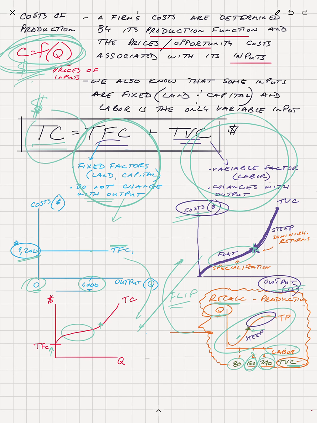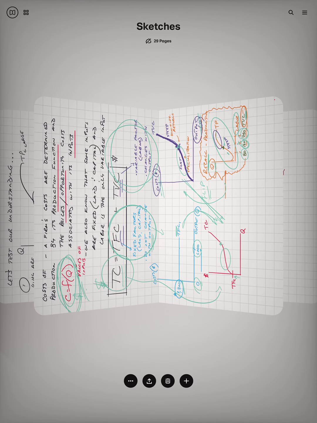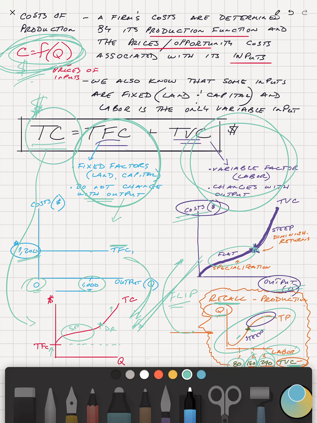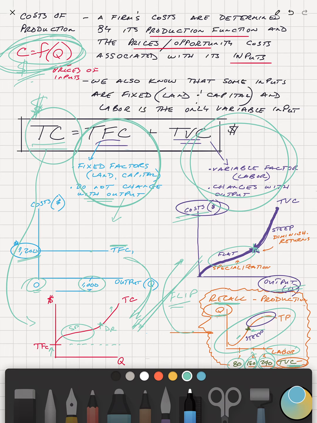Now you know that total costs are the sum of fixed costs and variable costs. So just bring these two graphs and add them together. Your total cost curve is nothing more than your variable cost curve shifted up by an amount equal to your fixed costs. Here is specialization, here's diminishing returns, and here's where your costs go up significantly. Okay?